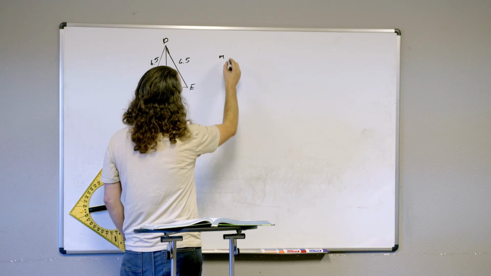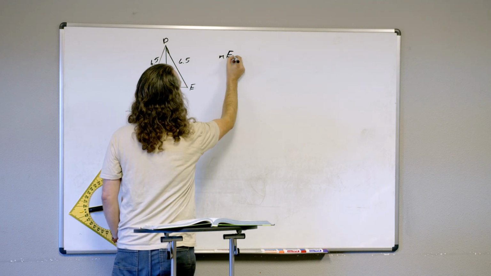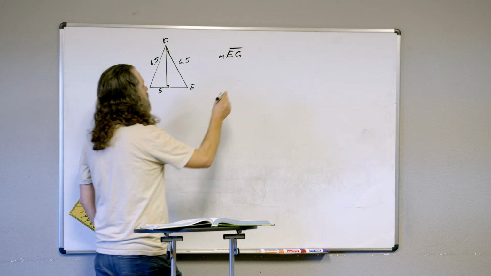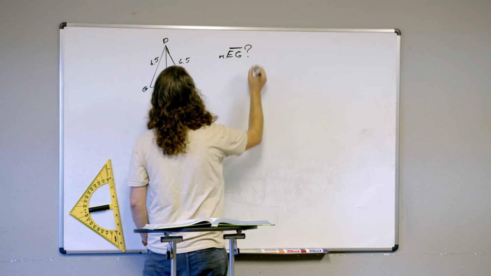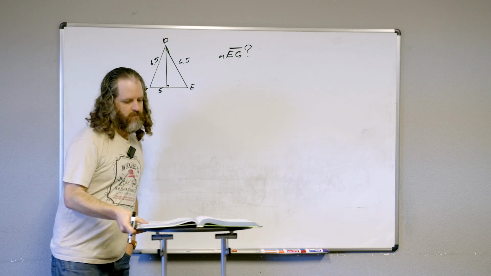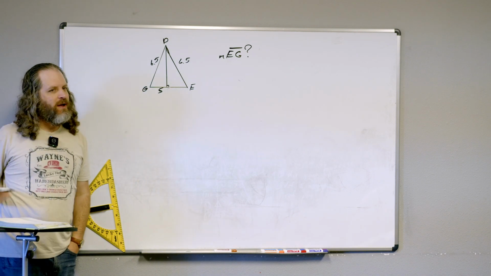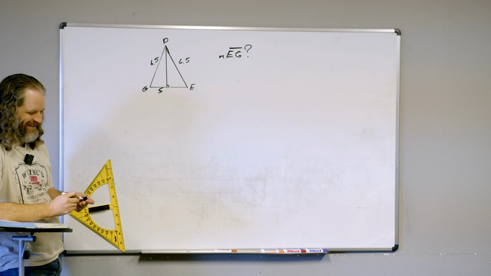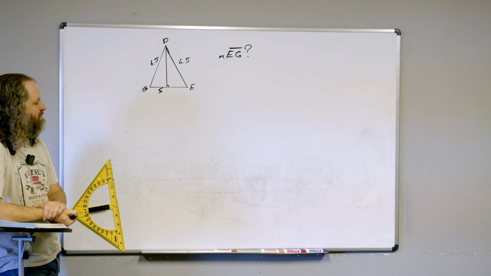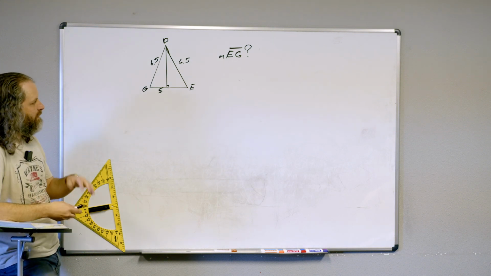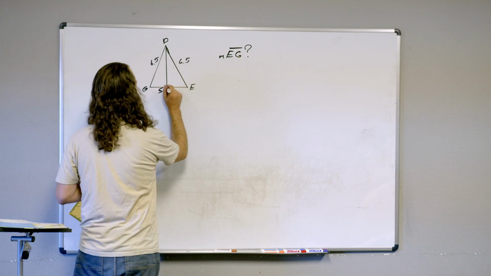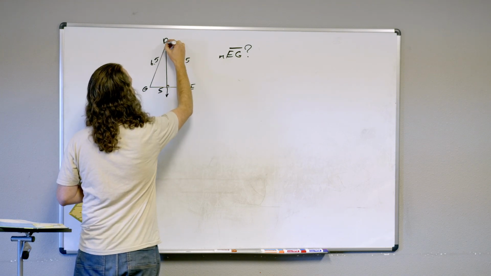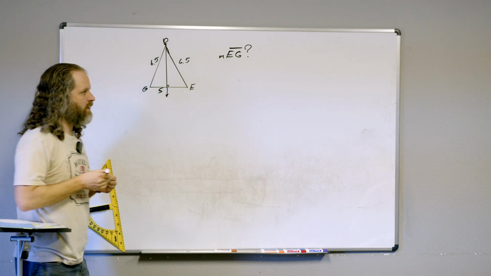EG is how they list it, same segment though. All right, so what do we have a picture of? Two triangles. We have a picture of a big triangle and then a segment. This one is drawn like this in the book, which is maybe a little easier to talk about.